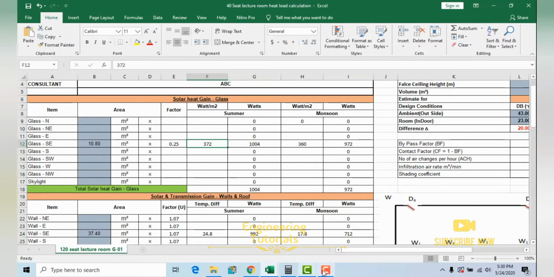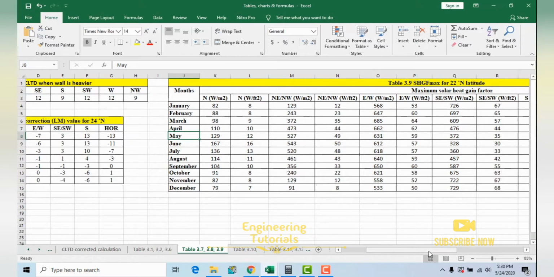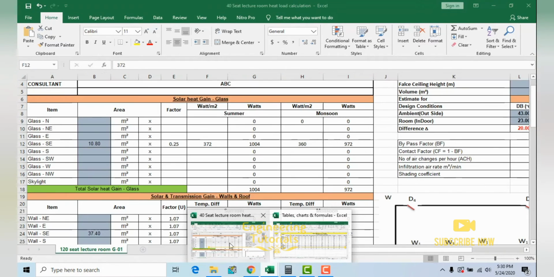How did we get this? Since May is the design temperature for summer and southeast wall exposure, this is southeast and May is the design month. So southeast wall maximum solar heat gain factor for 22 degree north latitude is 372 watt per square meter.